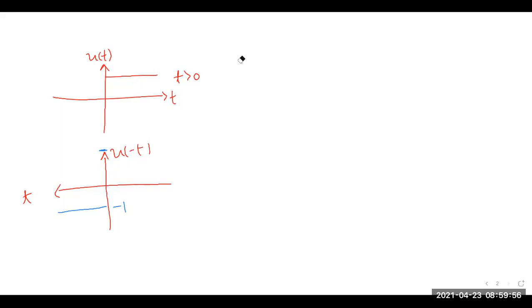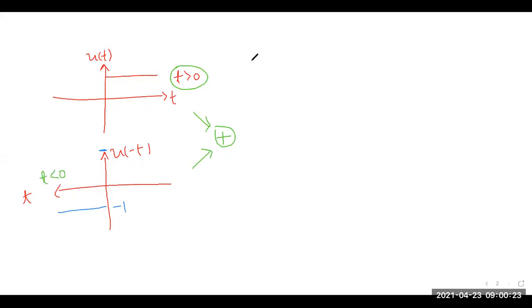Now if I add up these two signals, because this u of t is only defined for t greater than 0, and minus of u of minus t is defined only for t lesser than 0.